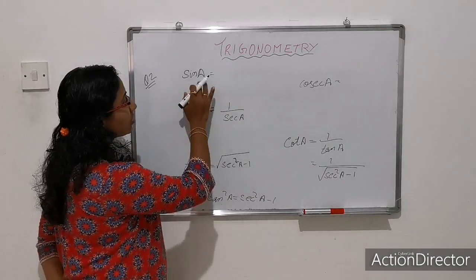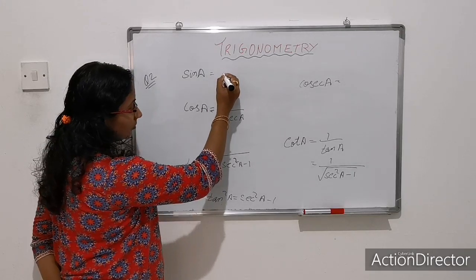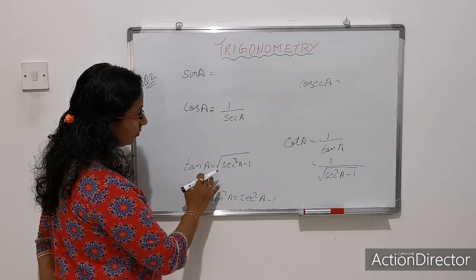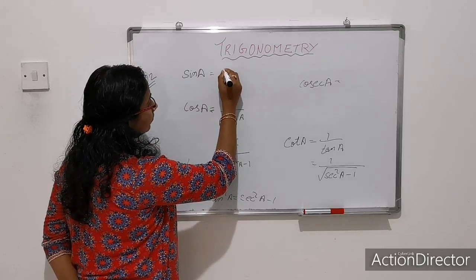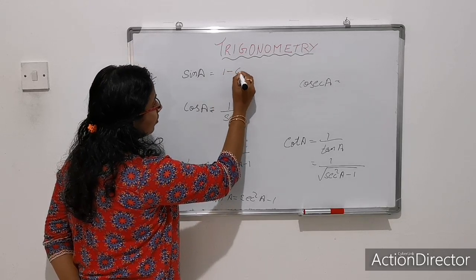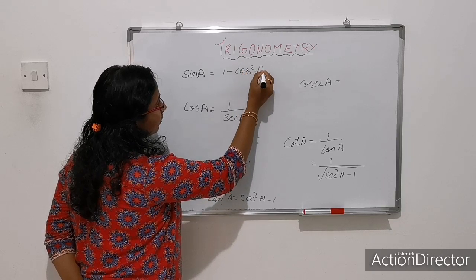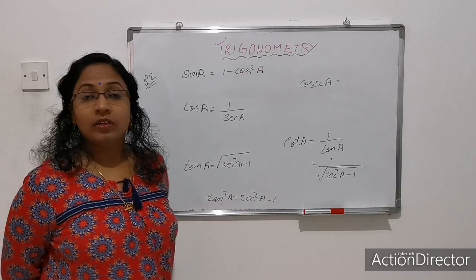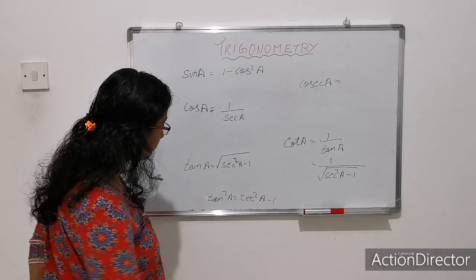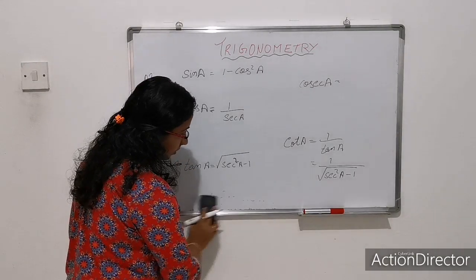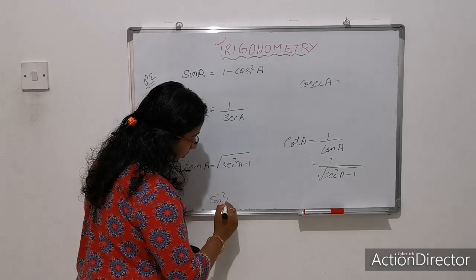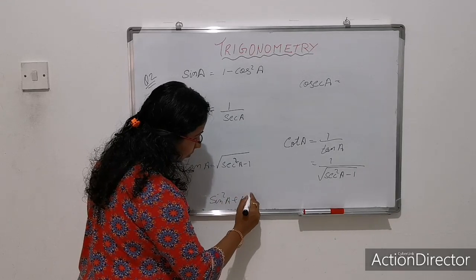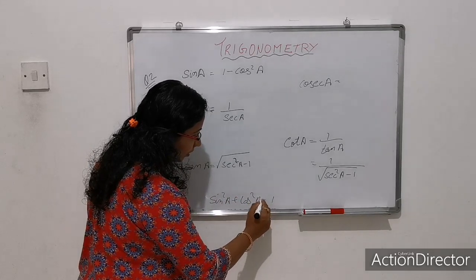Now sin A and cosec A. Now sin A is equal to root of 1 minus cos square A. How? You know the formula: sin square A plus cos square A is equal to 1.